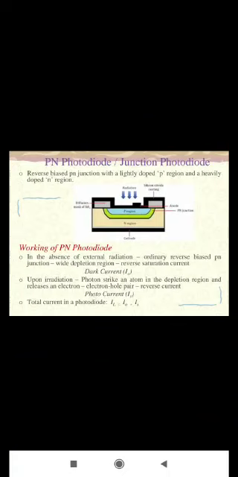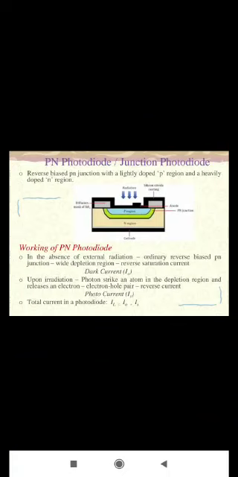When incident light hits this arrangement, that is upon irradiation, the photons with an energy equivalent to the band gap energy of the material strike an atom in the depletion region, and an electron is released from the valence band to the conduction band. This creates a hole in the valence band and a free electron in the conduction band.